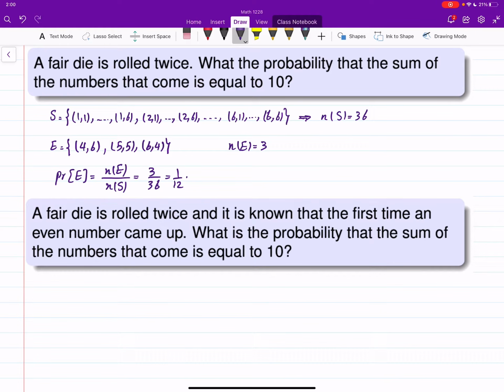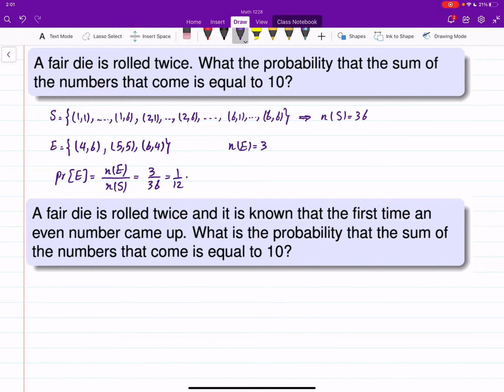But now we are changing the question a little bit. If a die is rolled twice, as before, and it is known, well, someone saw it or someone recorded that, the first time, the first roll, an even number came up. This is known.